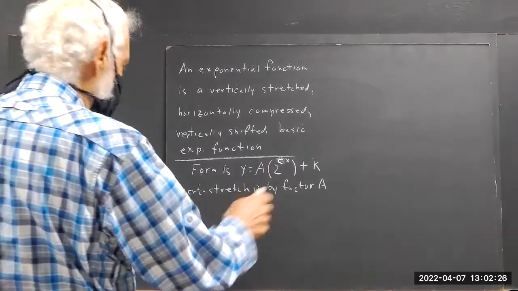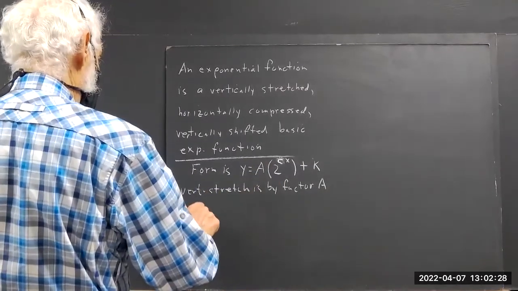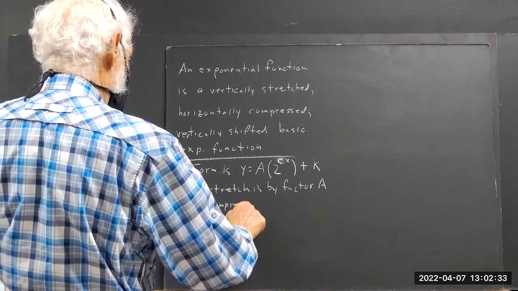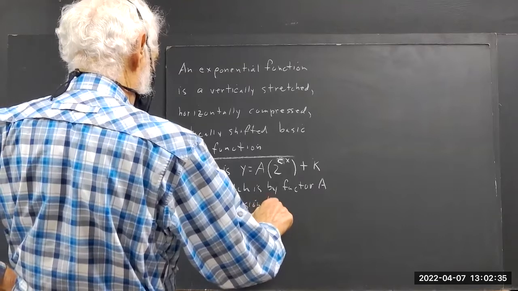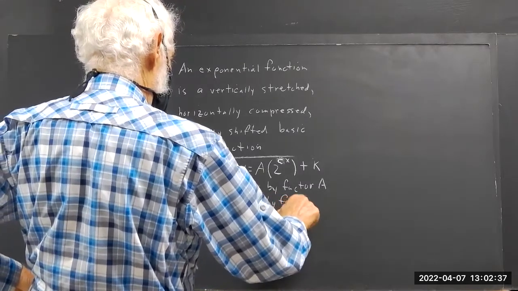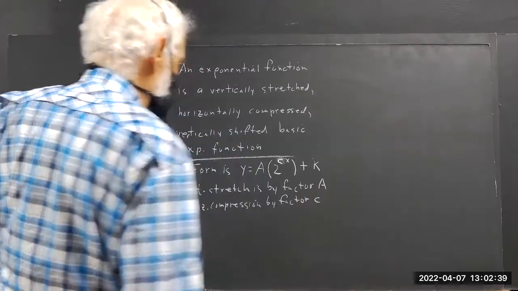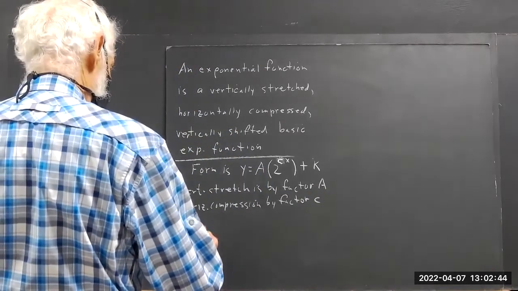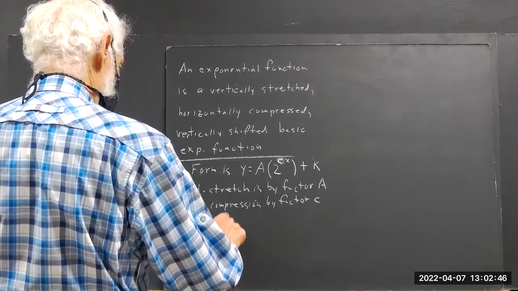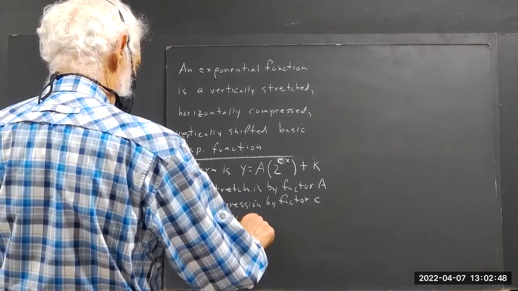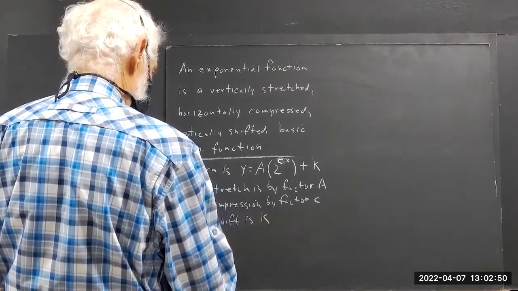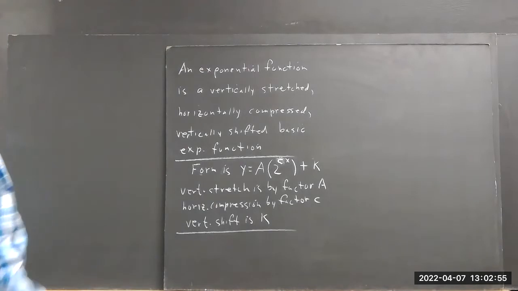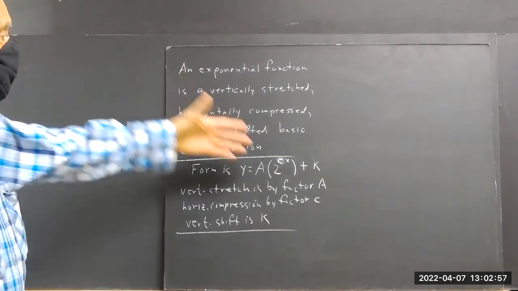The vertical stretch is by factor A. Horizontal compression is by factor C. And the vertical shift is K. So that's in terms of our basic function.